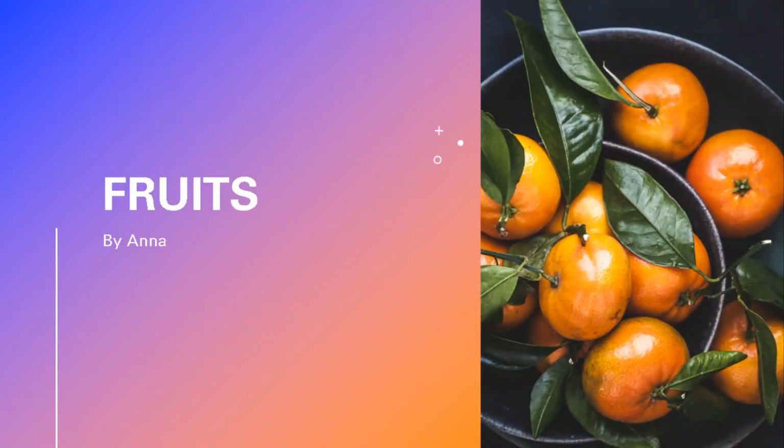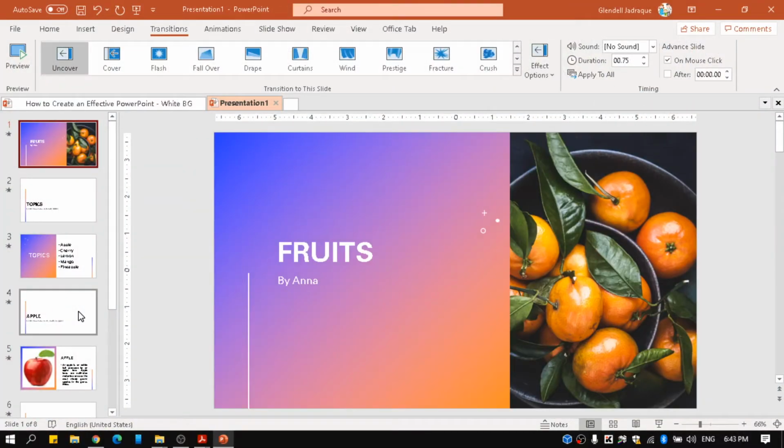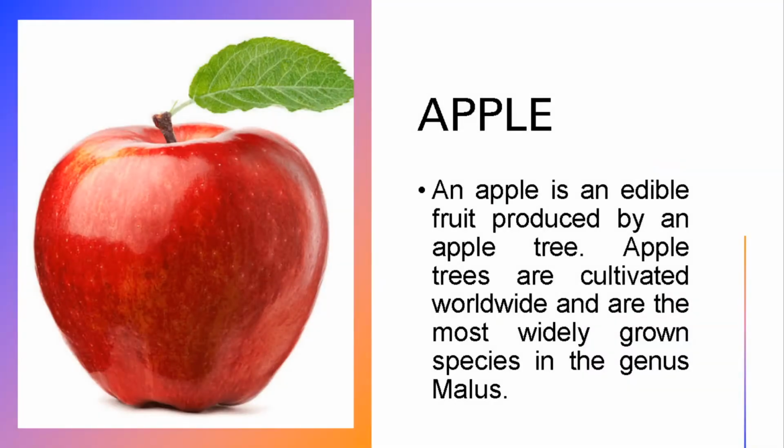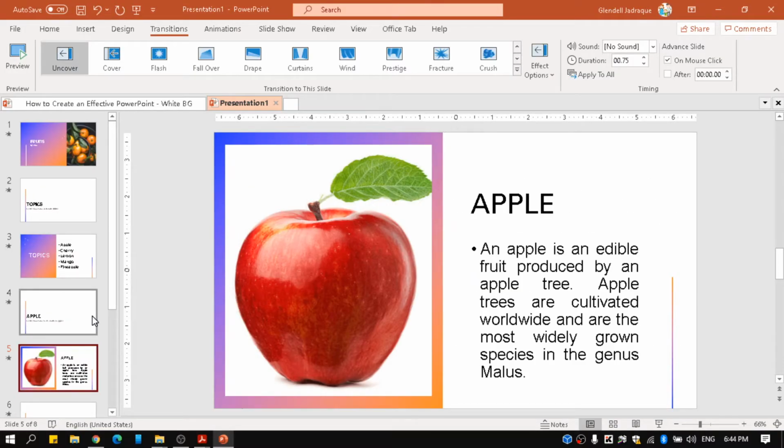But if you want to start the presentation on a certain slide, for example, let's select slide number 5, and I want to start a slideshow from this slide, all you need to do on your keyboard is hit Shift and then F5. Shift F5. There you go. It won't go back to the very first slide. That's the difference between F5 and Shift F5.